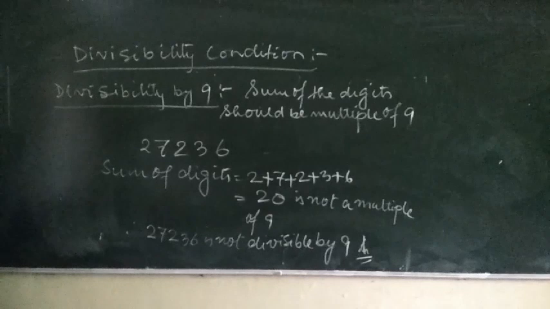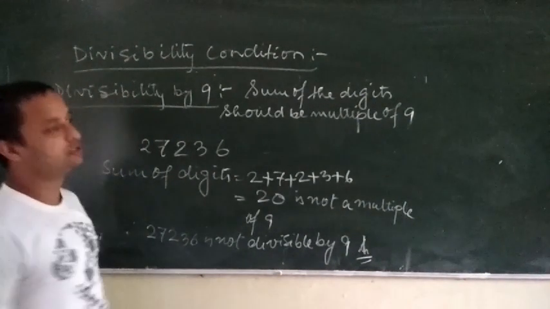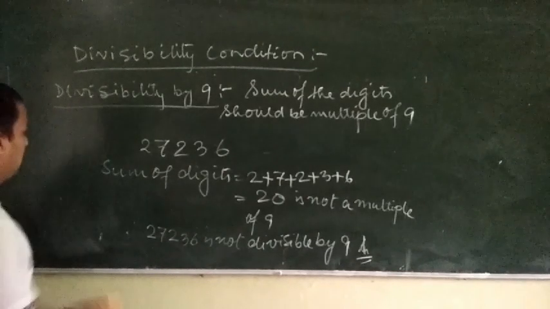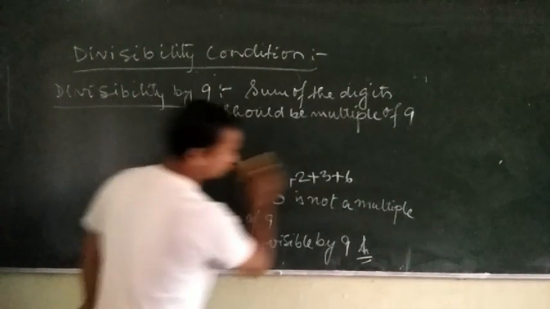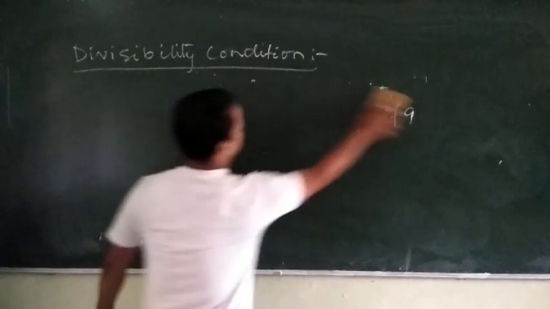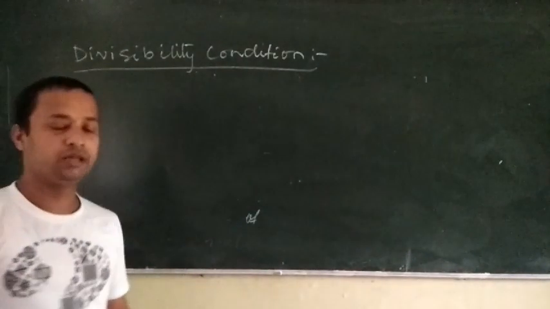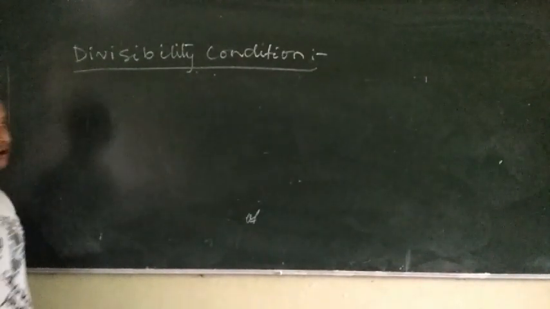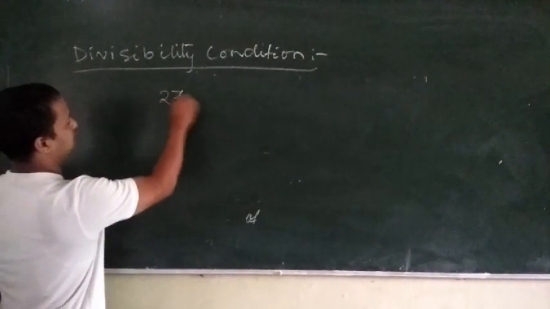Okay. So here we have discussed divisibility by 3 and by 9. Now one question is, if a number is divisible by 3, whether it is divisible by 9 or not. Let's say I take 272.